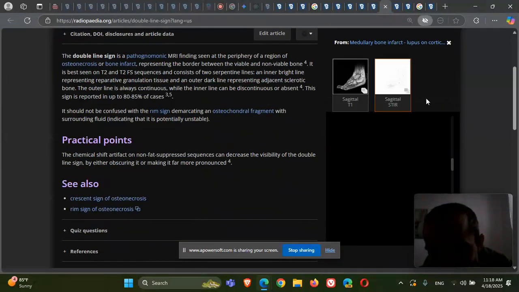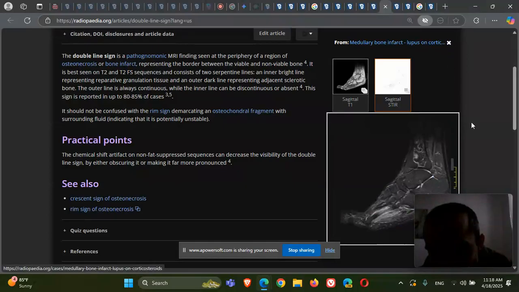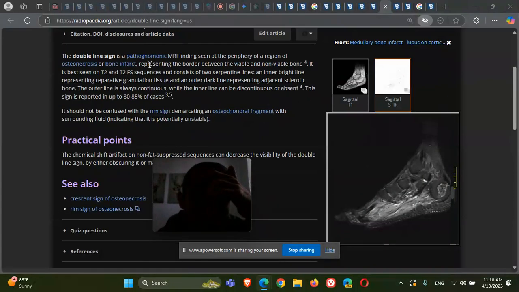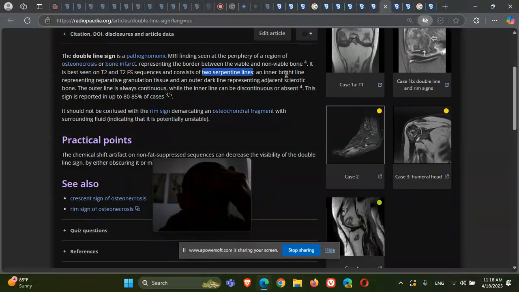This is for someone with lupus, for example. You can see it here. It's not very easy, but it is considered a pathognomonic finding for osteonecrosis. What you will see is two separated lines, an inner bright line and an outer dark line.